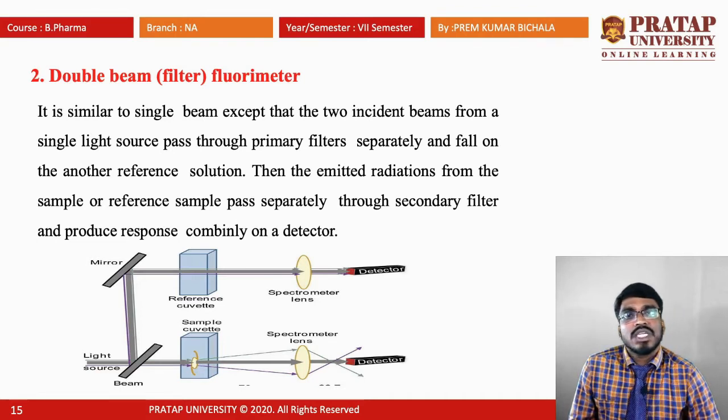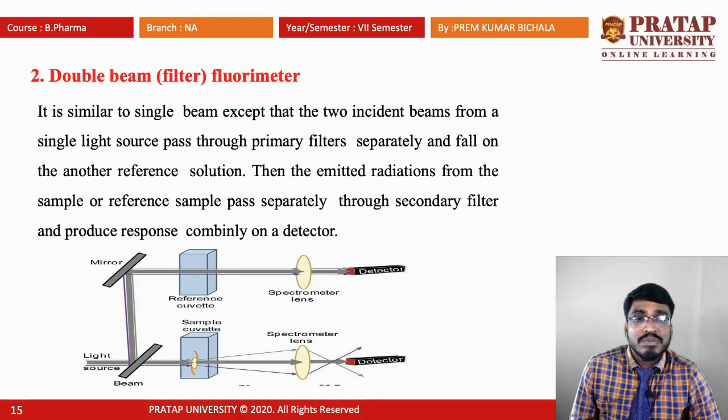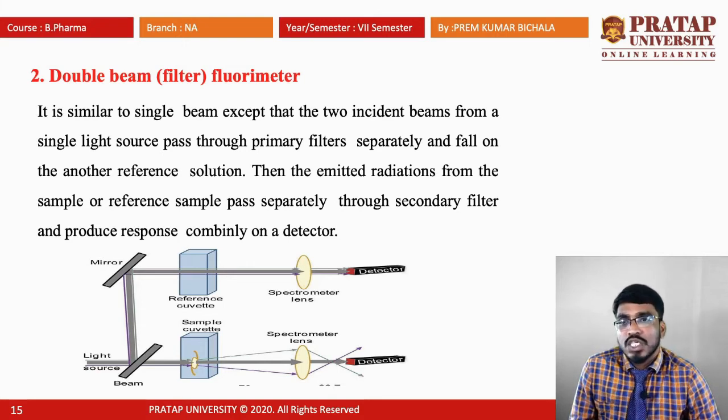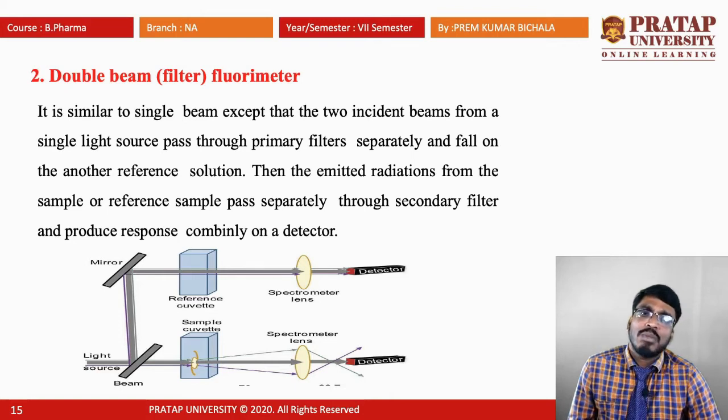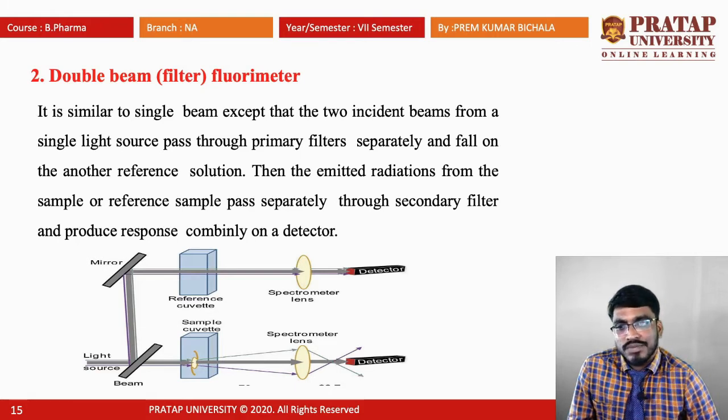It is similar to single beam except that two incident beams from a single light source pass through the primary filters separately and fall on the sample and another reference solution. Then the emitted radiation from the sample or reference passes separately through the secondary filter and produces a response combinedly on a detector.